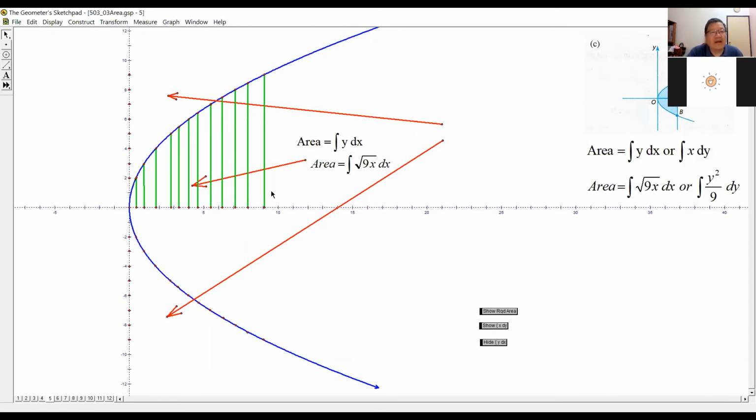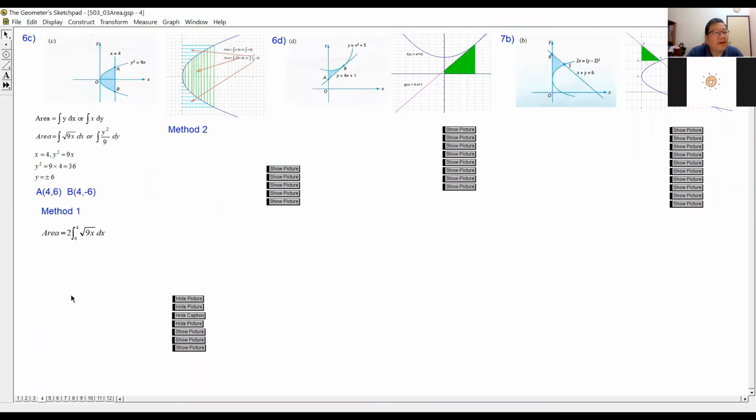This is integrate y dx. So the limit is from 0 until 4, because this is 0 and this line is x equals 4. So we have to integrate from 0 to 4, right? And y dx, what is the y? y squared is 9x, so y is square root of 9x.